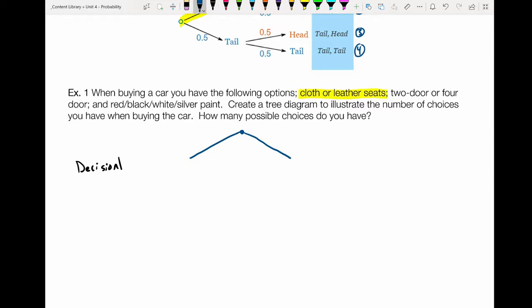So I have either cloth or leather. That is my first decision that I have to make. Depending on what I choose, I have 2 choices off of that, and that is the next one, the 2-door or the 4-door.